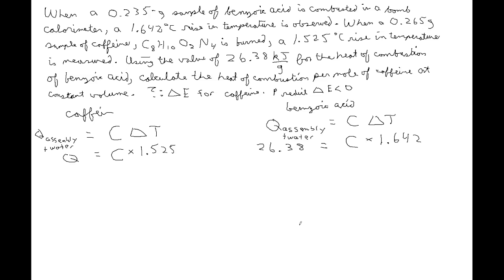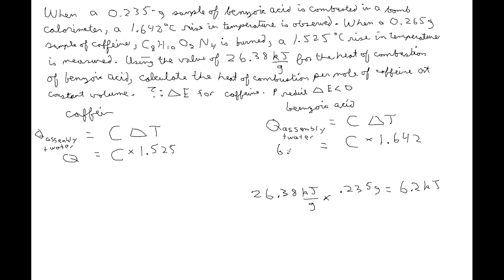So we multiply that number by 0.235 grams of benzoic acid, and we get 6.2 kilojoules. 6.2 kilojoules is equal to capital C times 1.642 degrees Celsius.